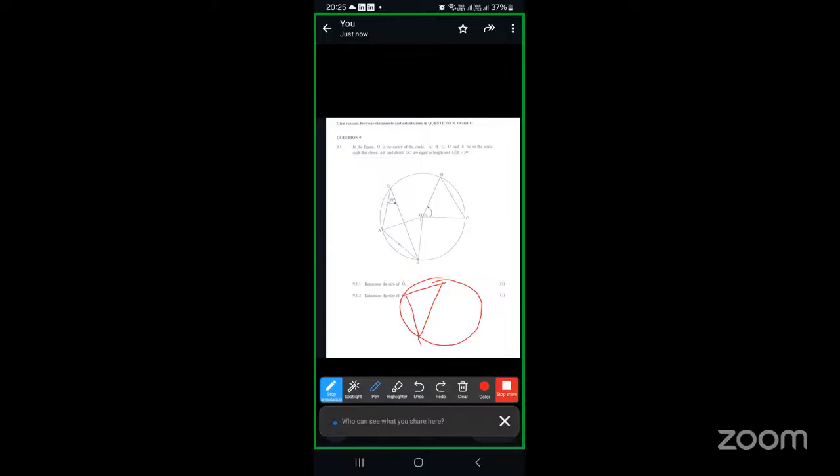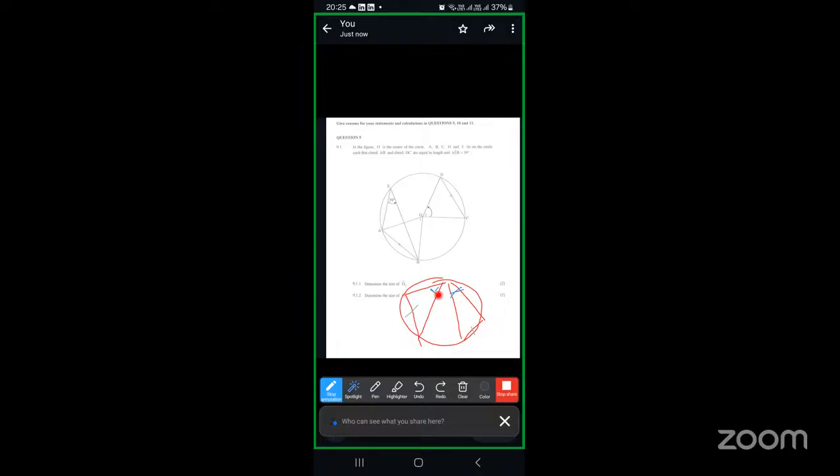If it is given in this theorem that this chord and this chord are equal, that implies that this angle right here is equal to this angle, reason being equal chords subtend equal angles.